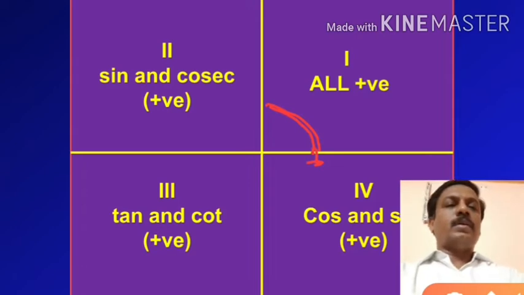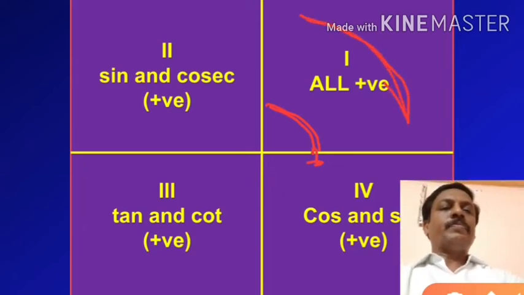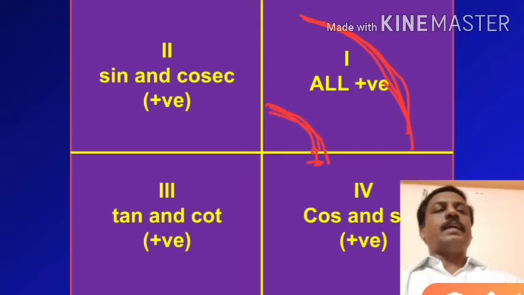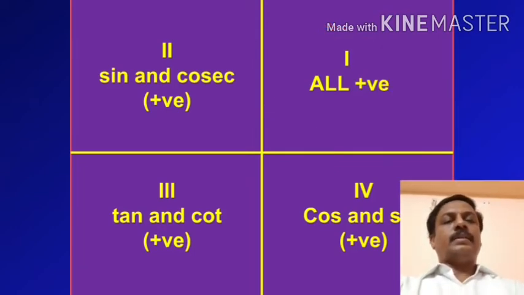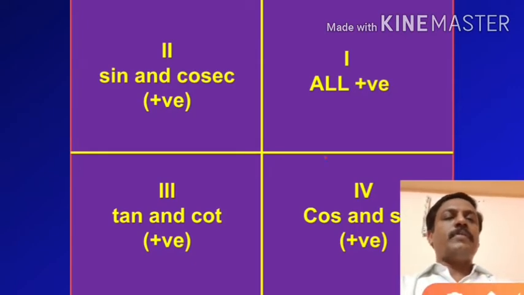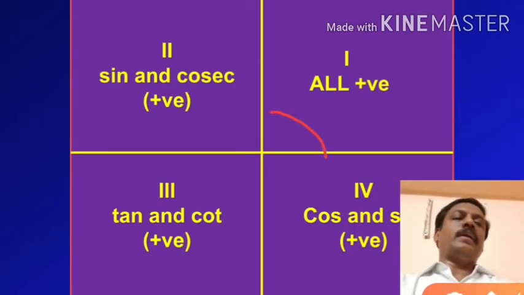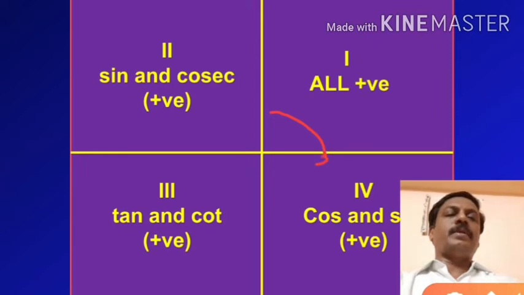Anti-clockwise means opposite to the motion of clock. The hands in a clock move in this direction, so the opposite of that is anti-clockwise. So angles are always measured in this anti-clockwise direction. From here to here it is 90 degree.